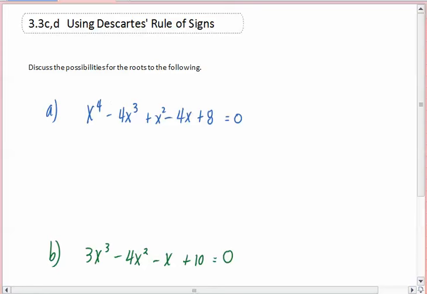Descartes' rule of signs says that the number of sign changes... for instance, let me go through here and let's just color the positive terms, and then let's color these negative terms.